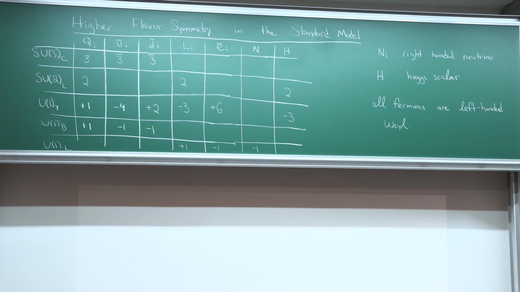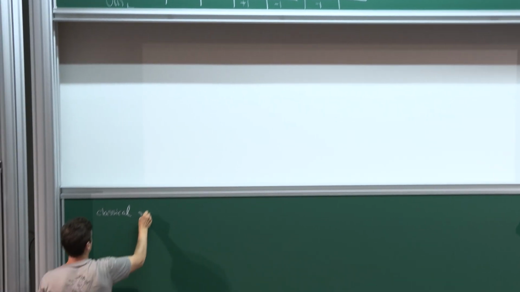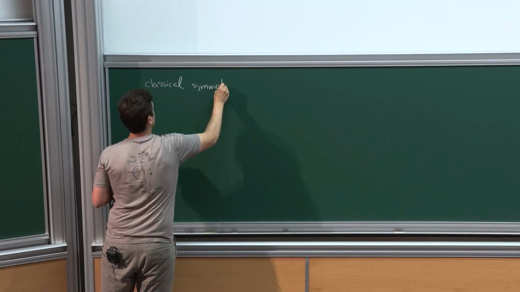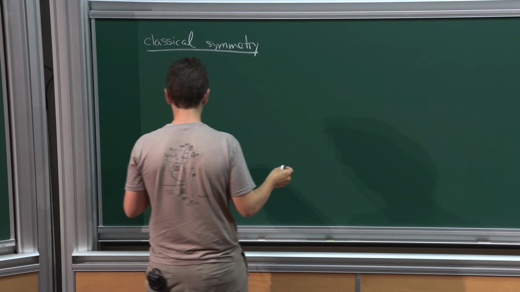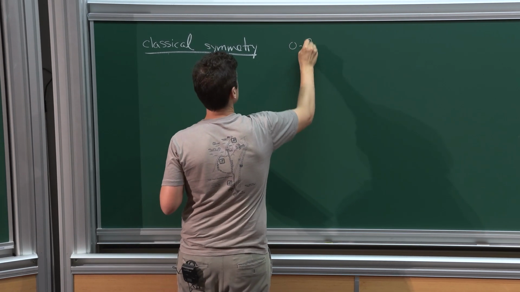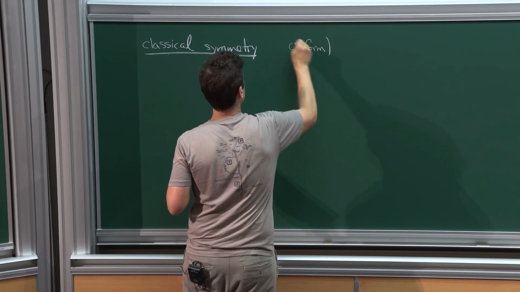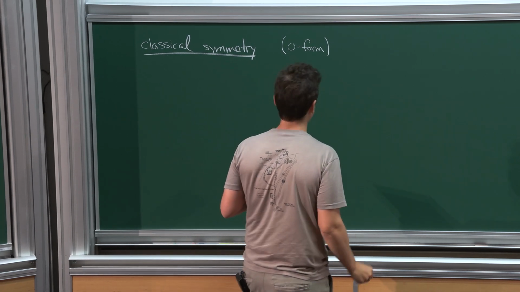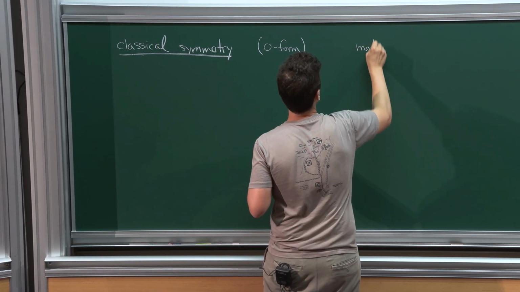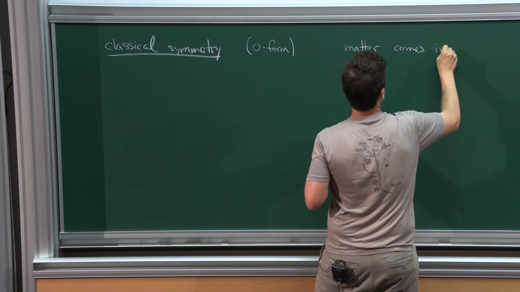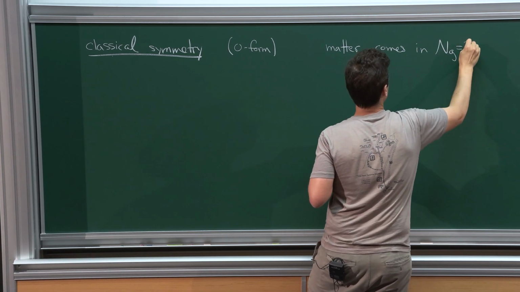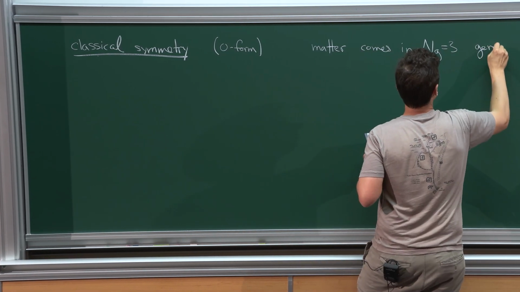OK, so classical symmetry. Let's talk about the zero form symmetry to start. So I mentioned that the matter comes in N_g equals 3 generations.